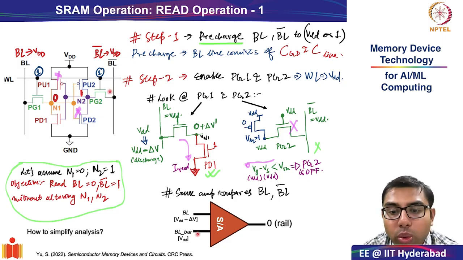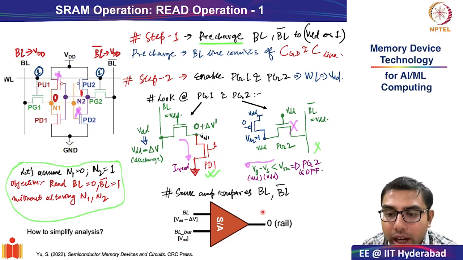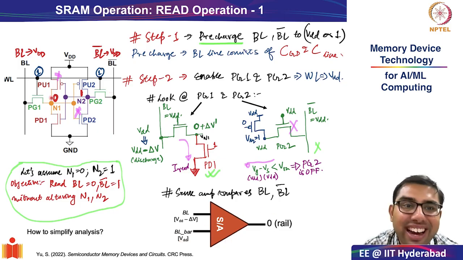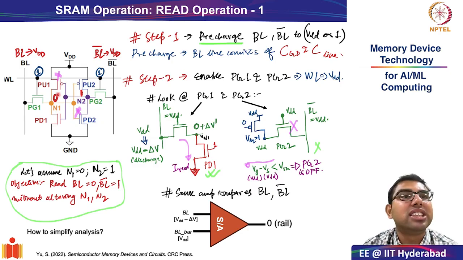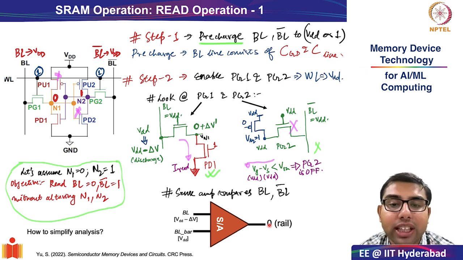And then what would have happened is bit line bar would have become VDD minus delta V, okay, in that scenario. And your sense amplifier would have read that your N1 has the value 1 and it would have pinned the value to 1 rail. Okay, the output would have become 1 rail. So this is the entire concept of your SRAM read operation.